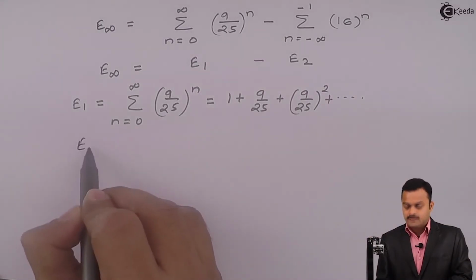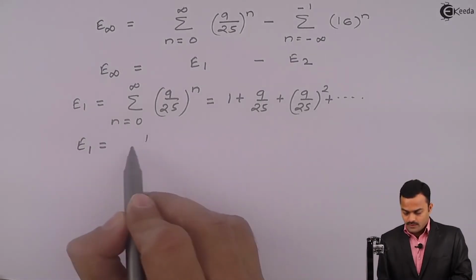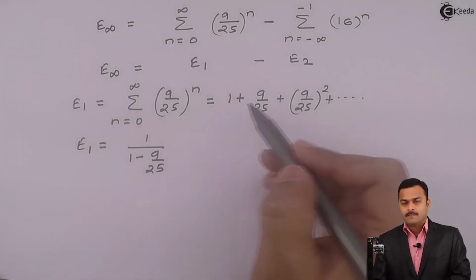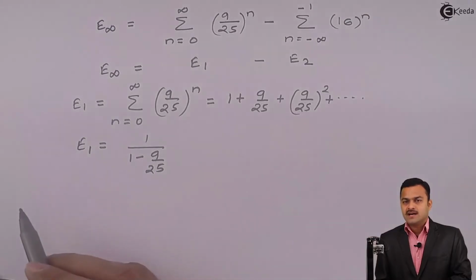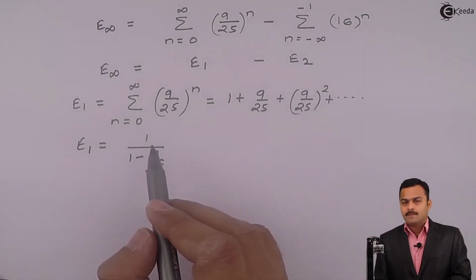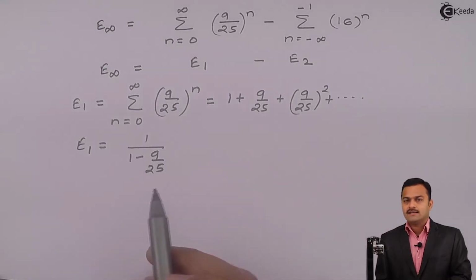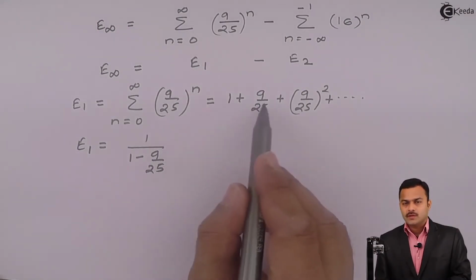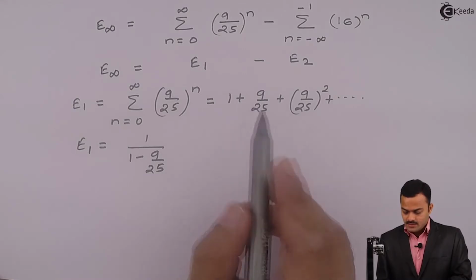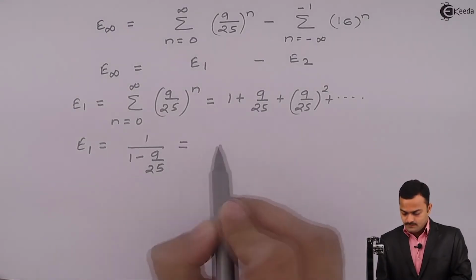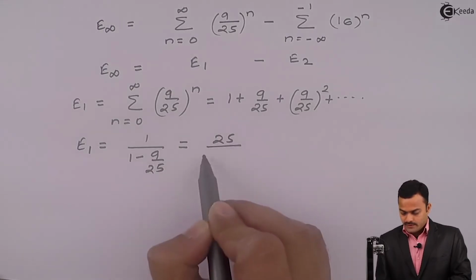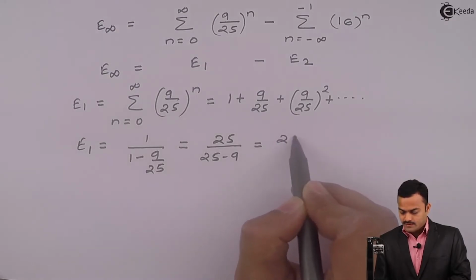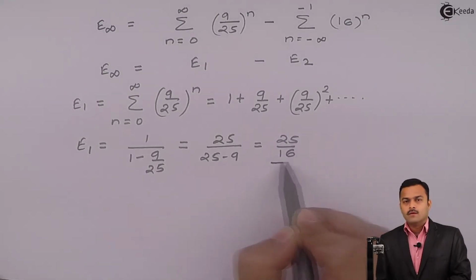So E1 will be 1 upon 1 minus 9 upon 25. It is a sum of terms in geometric progression, given by 1 upon 1 minus r, where r is the ratio of two subsequent terms, which here is 9 by 25. So finally I get 25 upon 25 minus 9, which is 16. So I get 25 by 16 as energy 1.